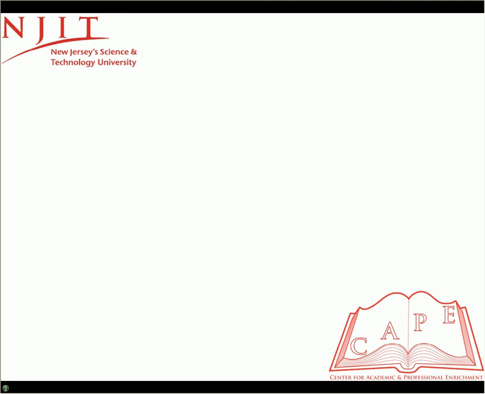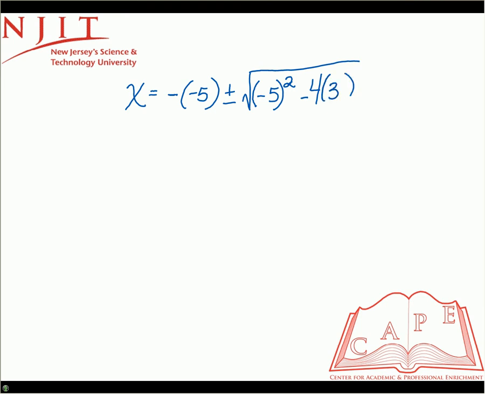Now please keep in mind that when I chose those coefficients, all of them that had the negatives in front, I had to make sure I brought those along too. So x is equal to minus b, so it would be minus the negative 5, plus or minus the square root of b squared, so it's going to be minus 5 squared, minus 4 times a, which is 3, times c, which is minus 2.